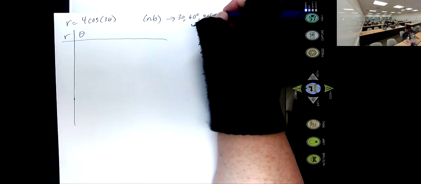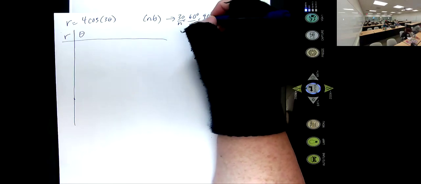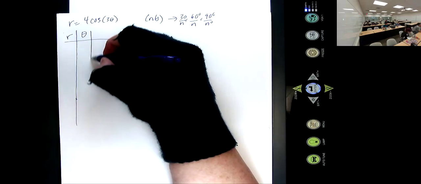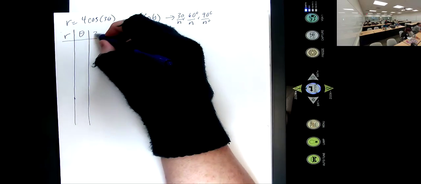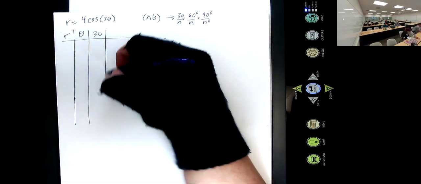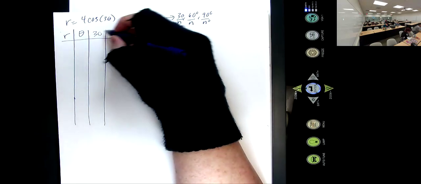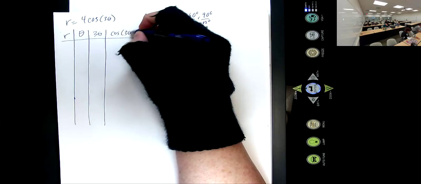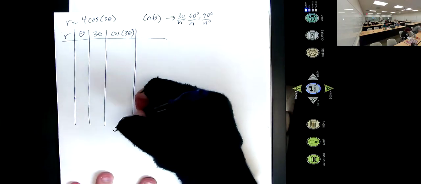Divide that by n, those are the steps you wanna take. If we do every 30, 60, 90 on theta now, we don't have enough points. So r, theta, 3 theta, because that's what's in the equation. And then we'll figure out what cosine of 3 theta is, and we'll do 4 times that.